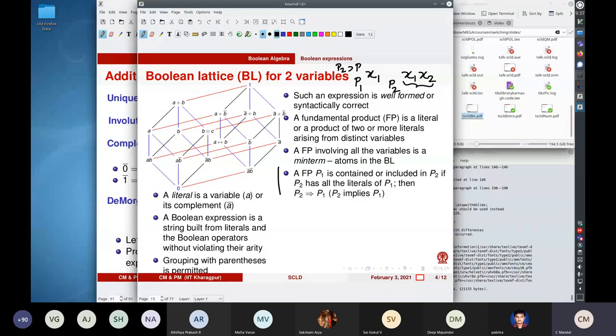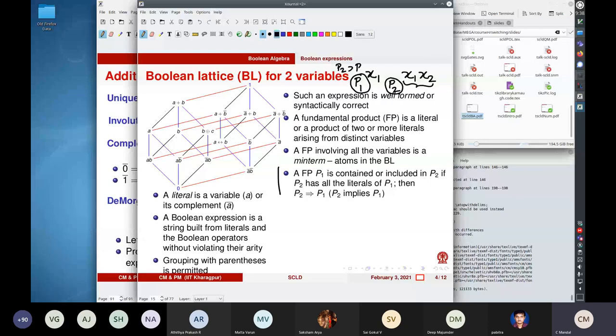So P2 implies P1. Whenever this property is satisfied, this property will also be satisfied. That is quite evident because P1 says that property x1 is satisfied, and P2 says that not only property x1 is satisfied, in addition to that property x2 is also satisfied.